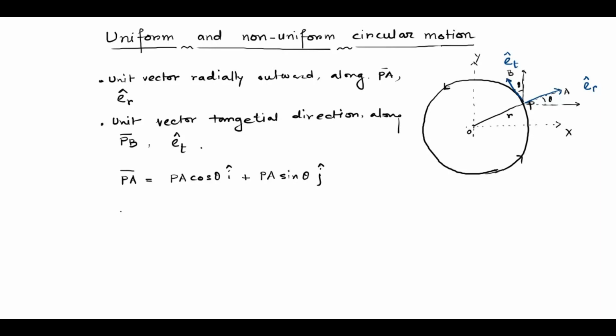So what is the unit vector along PA? It is ER equal to PA vector by magnitude of PA, that is cos theta i hat plus sin theta j hat. So we calculate the ER vector.